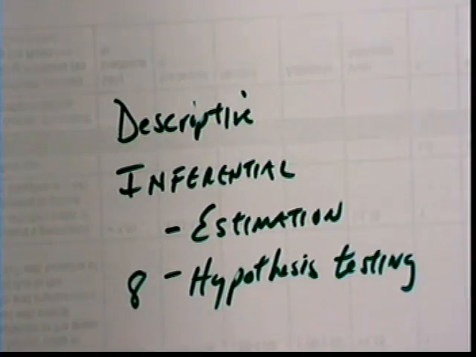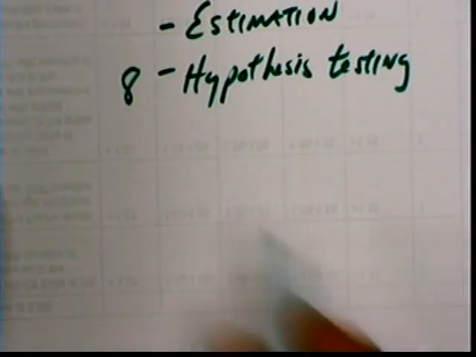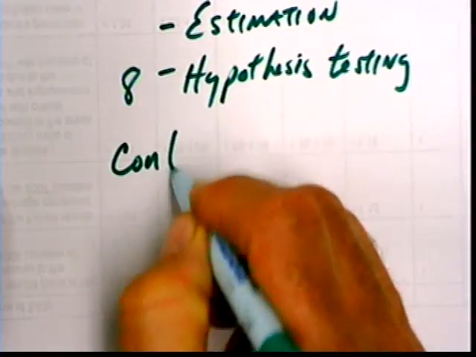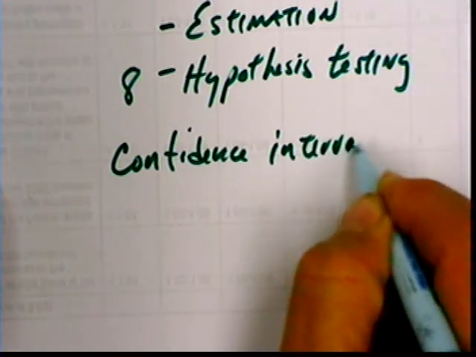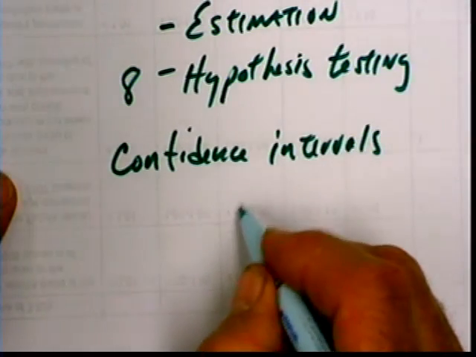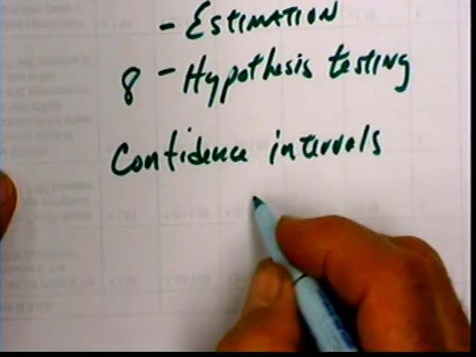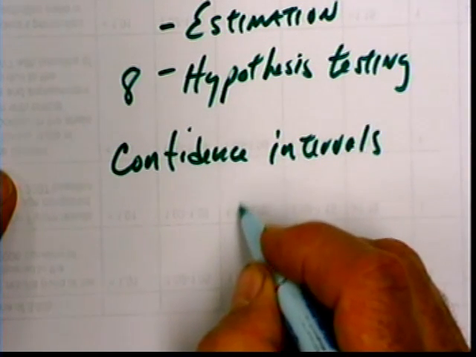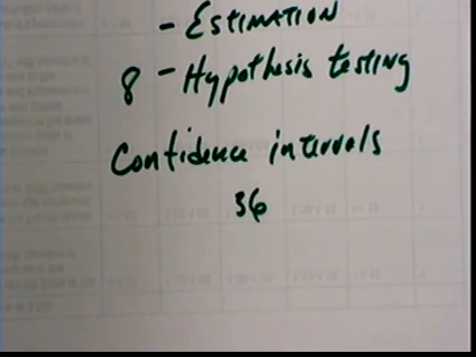And in estimation, one of the things we're going to be discussing is giving confidence intervals. Confidence intervals are important to us because if I just give you a point estimate, if I tell you that the average age is 36, that doesn't give you a lot of information.